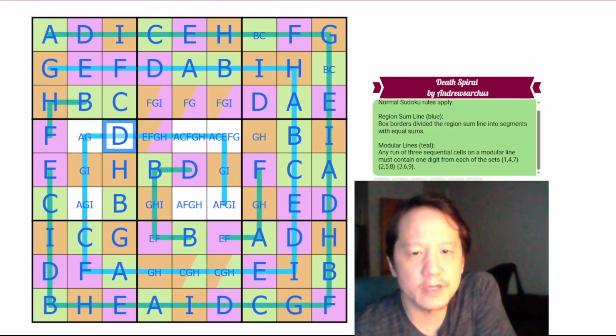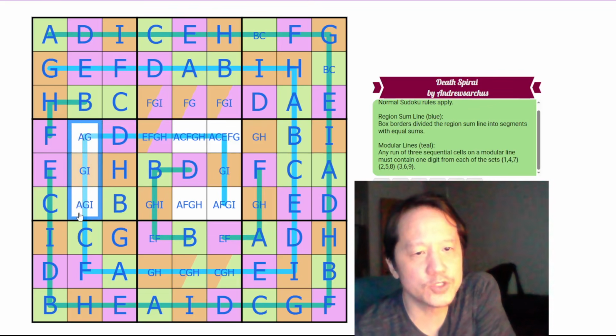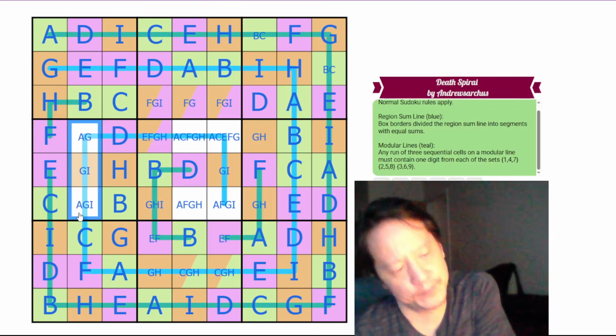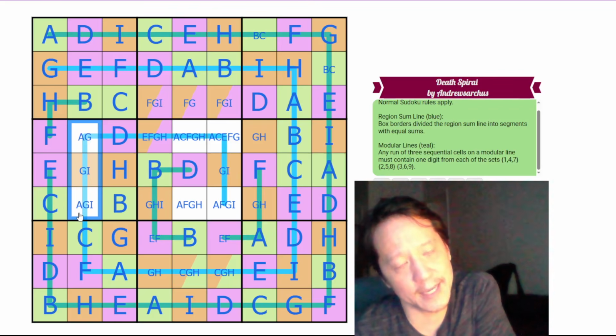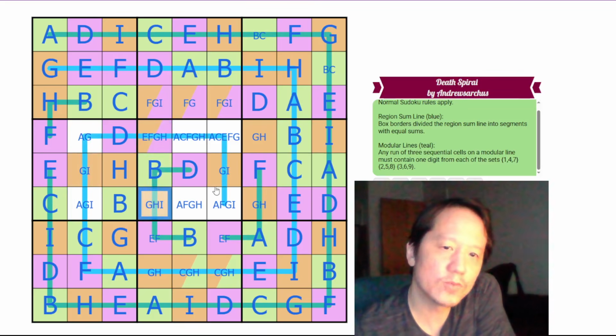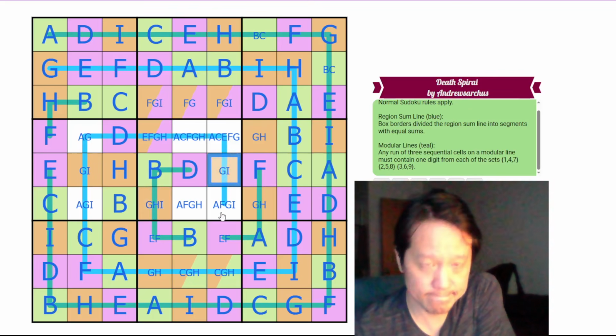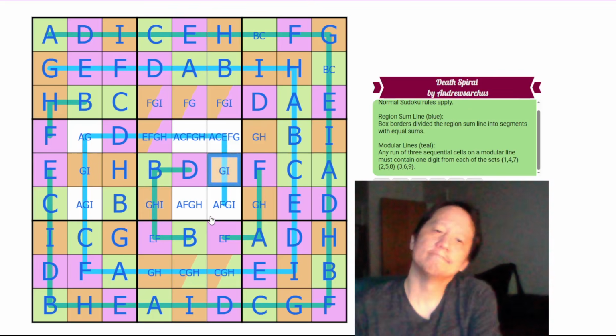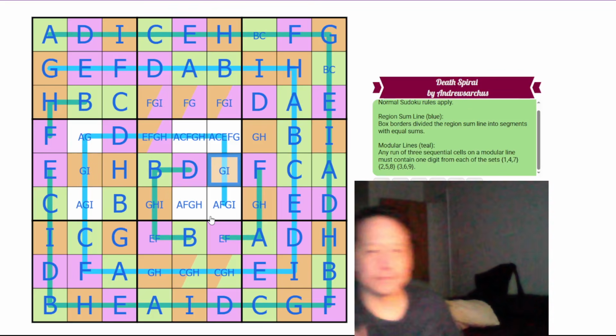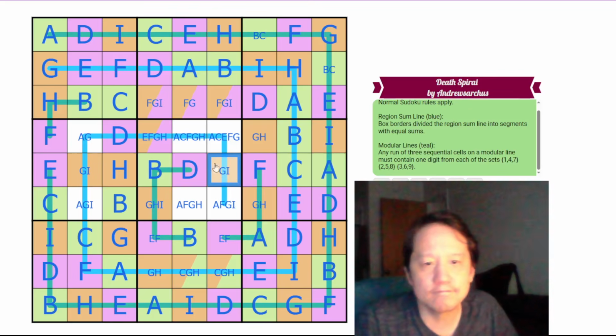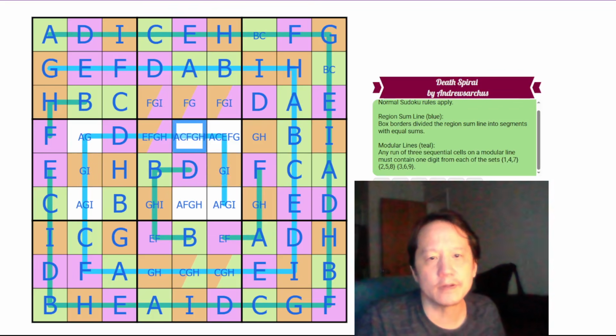D is pink. So we do have a pink, a green, and two oranges here. So then orange cannot be 0 mod 3. A cannot be here.